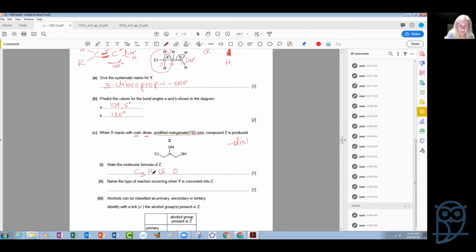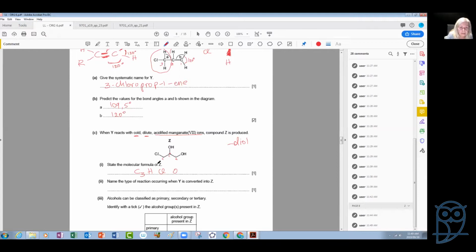So 3 carbons. Hydrogens, now how many? This is a skeletal formula, and each carbon forms 4 covalent bonds. So here is 1 and another 1, 2.